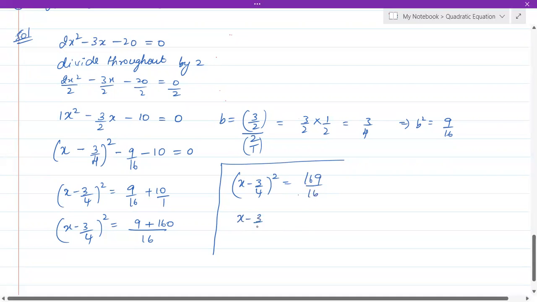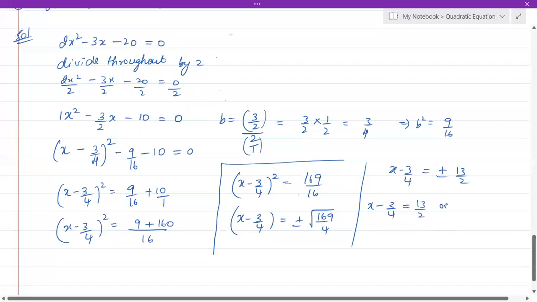Therefore, taking the square root, it will become plus or minus square root of 169 by 4, which implies x minus 3 by 4 is equal to plus or minus 13 by 2. Therefore, there are two possibilities. x minus 3 by 4 is equal to plus 13 by 2, or x minus 3 by 4 is equal to minus 13 by 2.